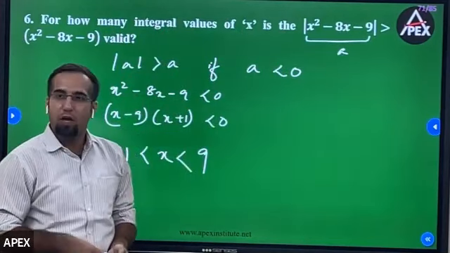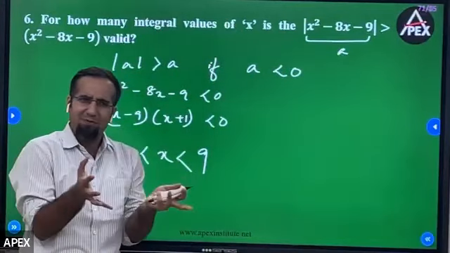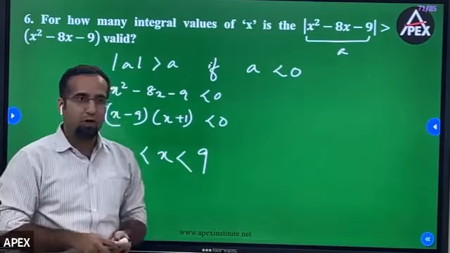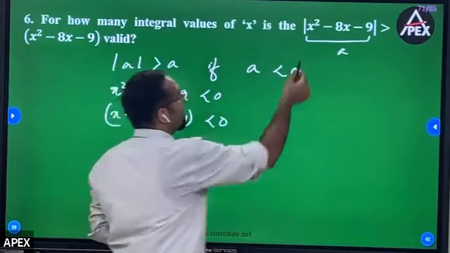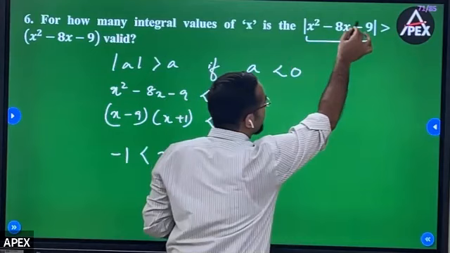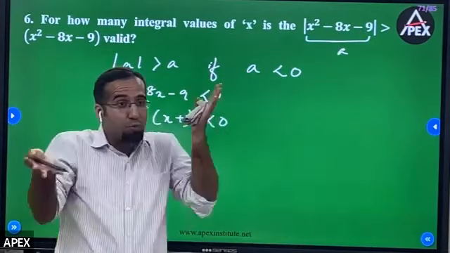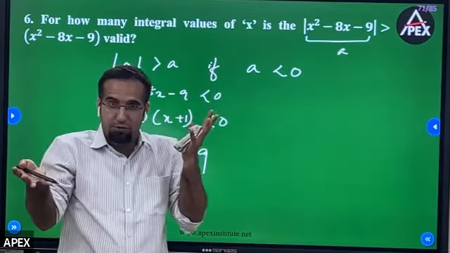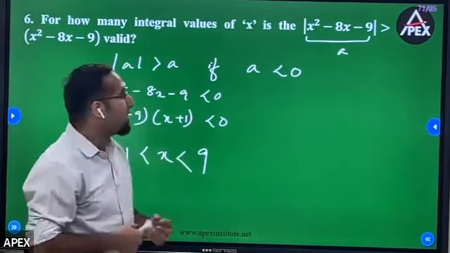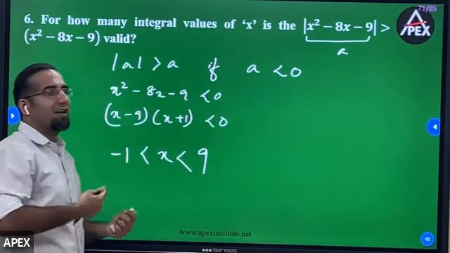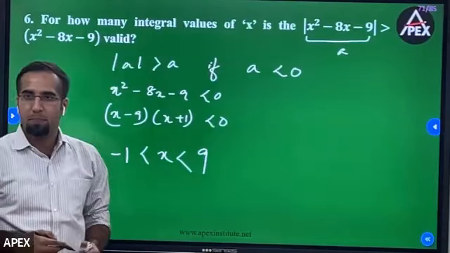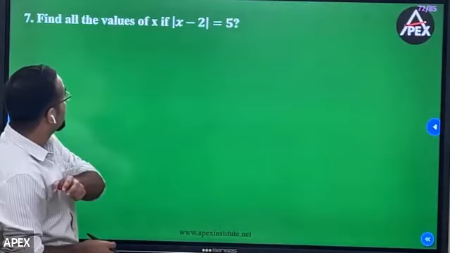It's not that that method is not possible, but it will become very weird and very difficult. Clear? So you'll get one range by assuming this greater than 0. Then you solve the inequality, you get another range, and then you match both the ranges. And then you get the required answers. Clear? So that again depends on how neatly you are drawing the graph and all. Clear? Right? Let's move to the next one, please.